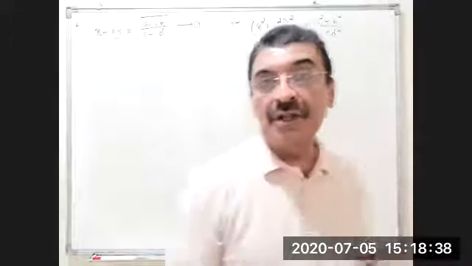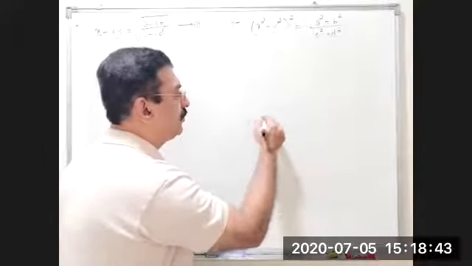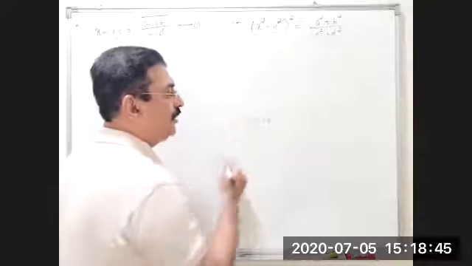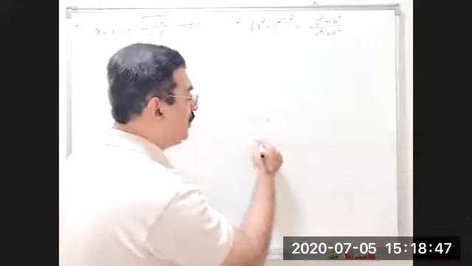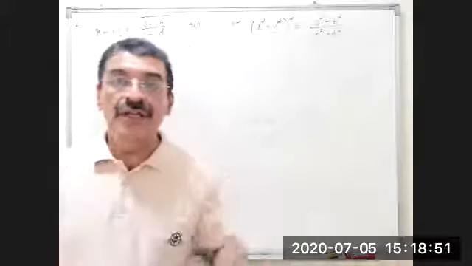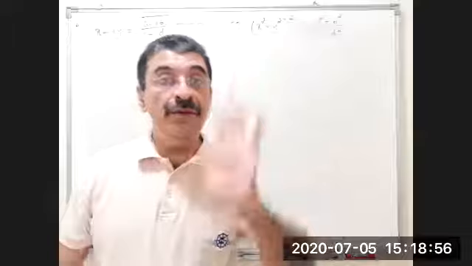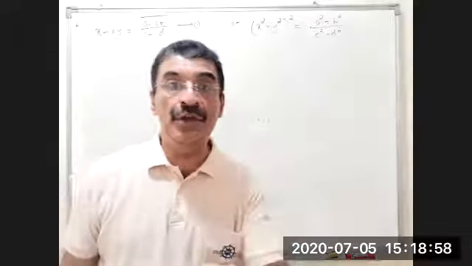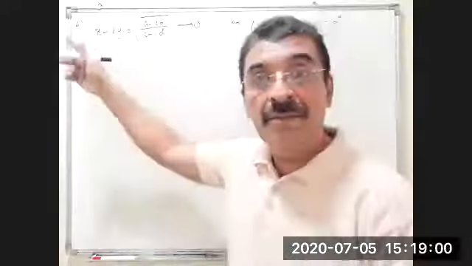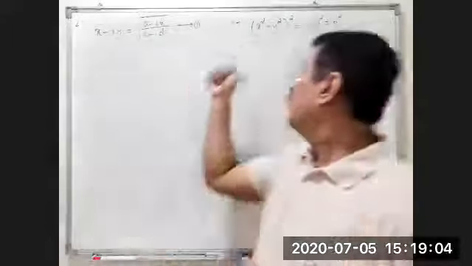In the previous note, we wrote it: if a plus ib is known, a plus ib into a minus ib gives a square plus b square. So naturally, x minus iy multiplied with x plus iy will give x square plus y square.